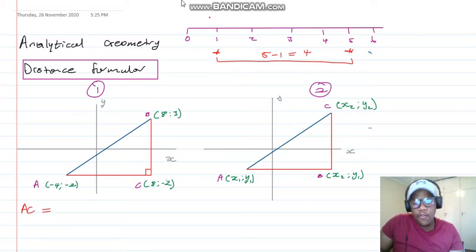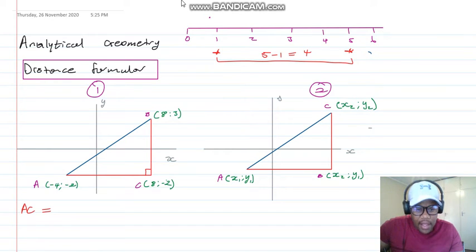That is going to be 4, because that gap is 1 unit, 2, 3, 4. The way we did it is the largest number minus the smallest number. So that's how we would do it.